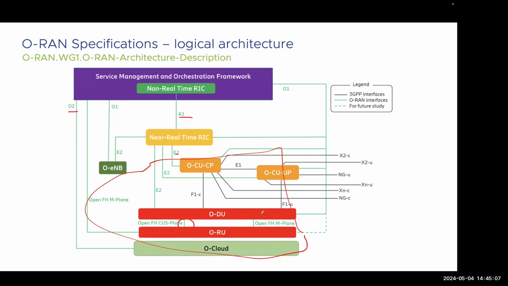So this data in the M plane should go to the FCAPS functionality in the SMO. However, control is a communication for the setup and the frame protocol between DU and RU. And maybe later, if you go to work group 6 and work group 4, you will see the eCPRI and the frame structure to get more details about it.